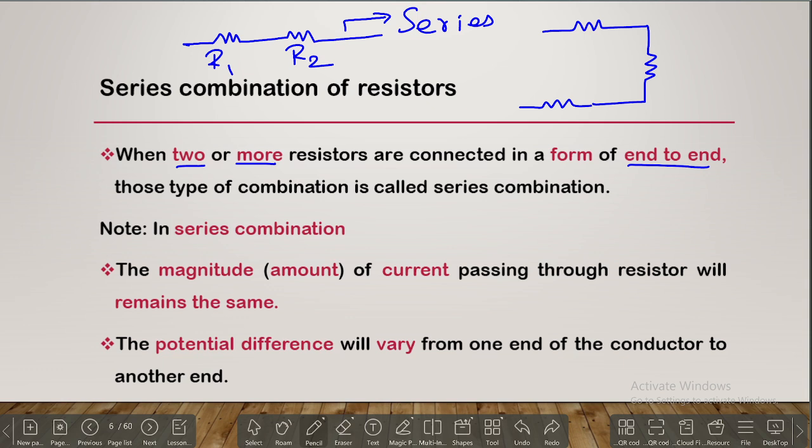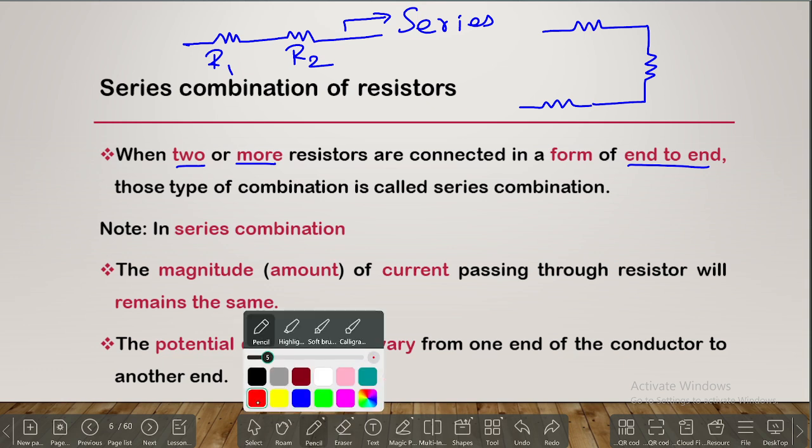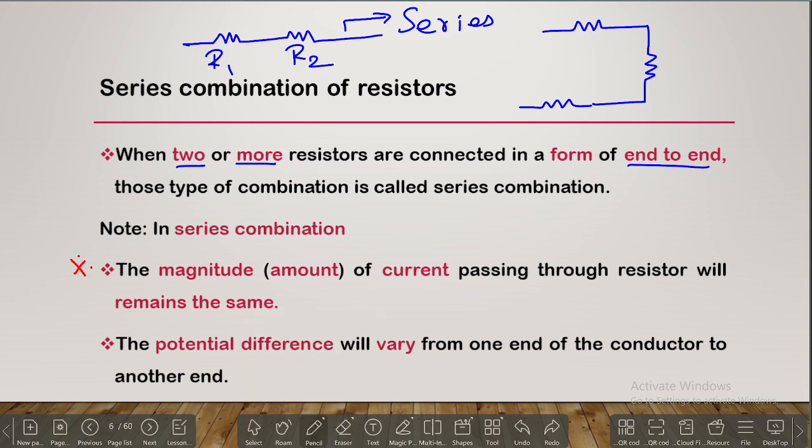In series we need to remember an important condition. The magnitude of current remains the same. Suppose, for example, in this resistor 5 ampere of current is passing, then they will ask how much current will pass in the second resistor. The same amount of current will pass.